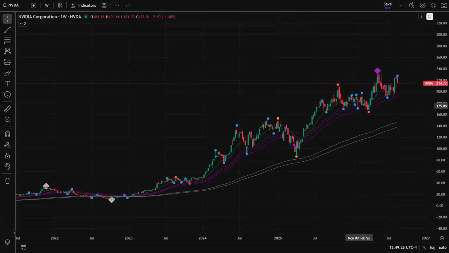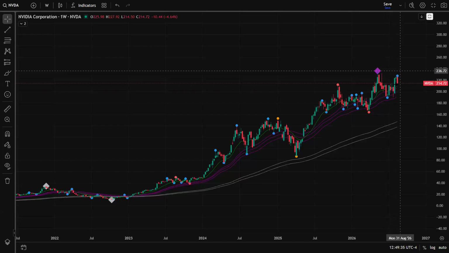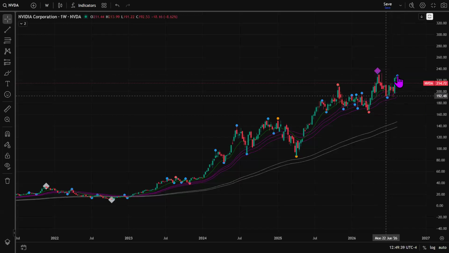So NVIDIA is in a weekly uptrend. When we came down to this level, that was support, like into the wave. Now we're in no man's land on the weekly. In fact, we have a purple, blue, blue. So this could be a 1, 2, 3 reversal. Earnings could take us back down into the wave, or it could take us above these highs. Okay, that's what, but this gives us perspective.